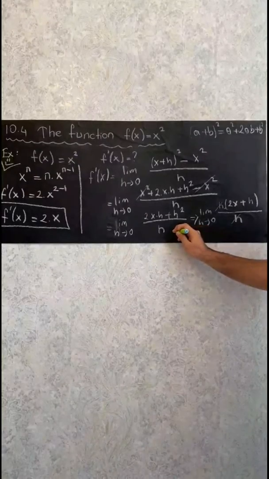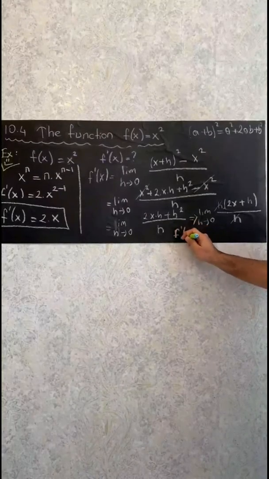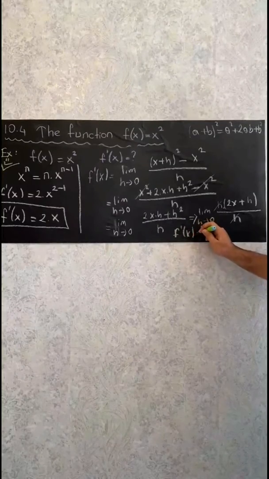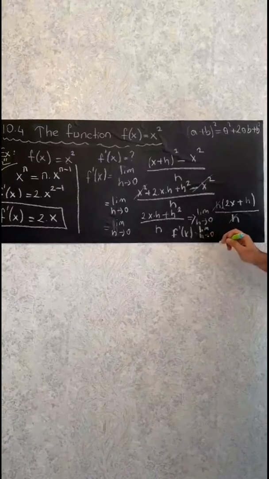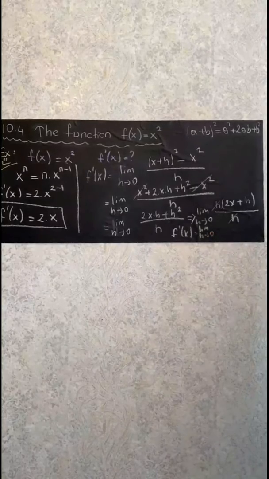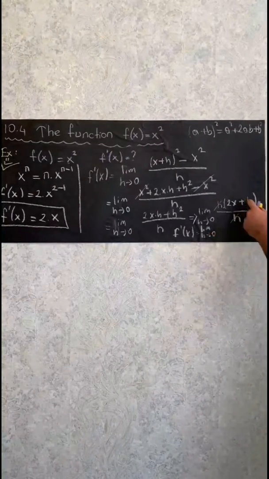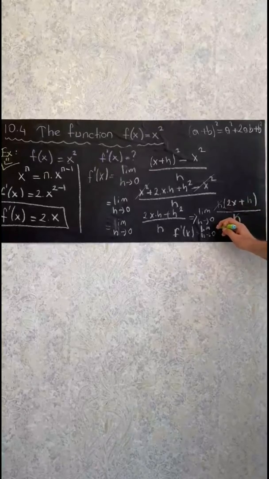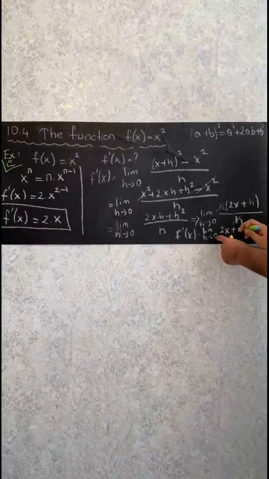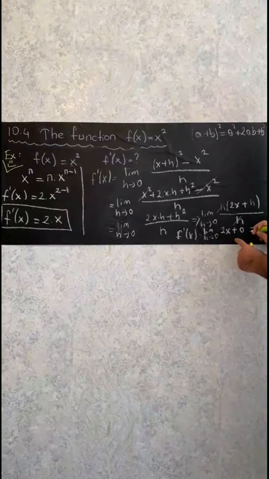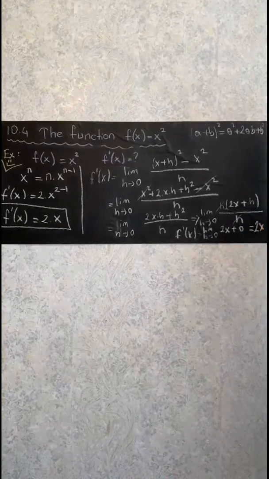The answer is f prime of x equals the limit as h approaches 0. If h is 0, what is left? 2x plus h is what? 2x plus 0. The answer is 2x.